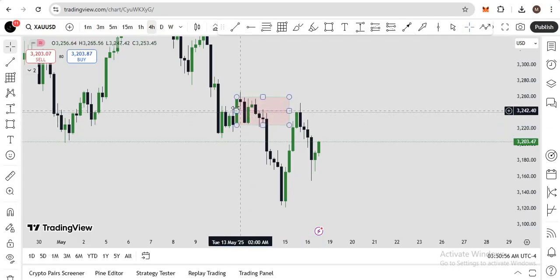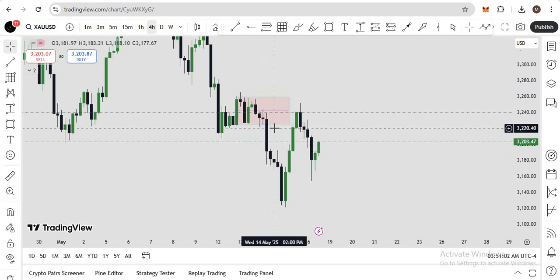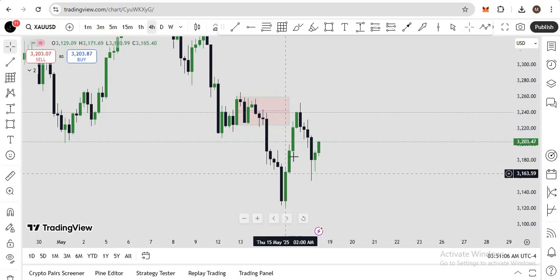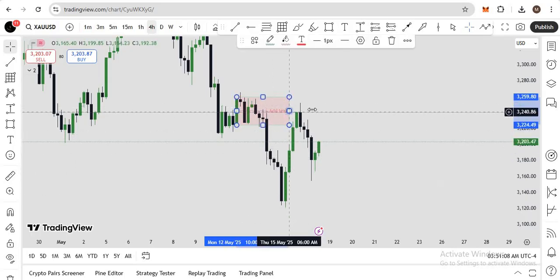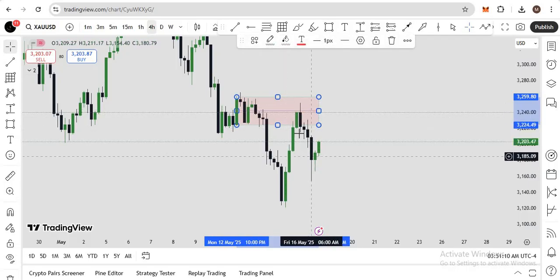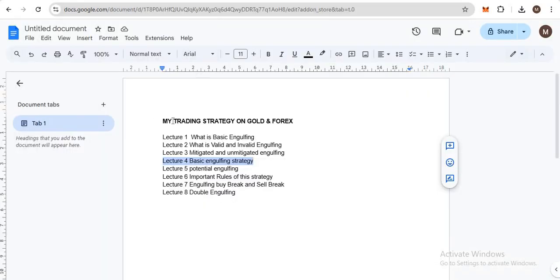The basic one here: the first candle, then this candle makes it valid. After that, no candle touches this area, right? Then it becomes experiment, 1 2 3 4 5 6 7 8 9 10. Once it reaches here, you shift to the lower time frame and start trading here. The main focus of this strategy is to identify high probability POIs.